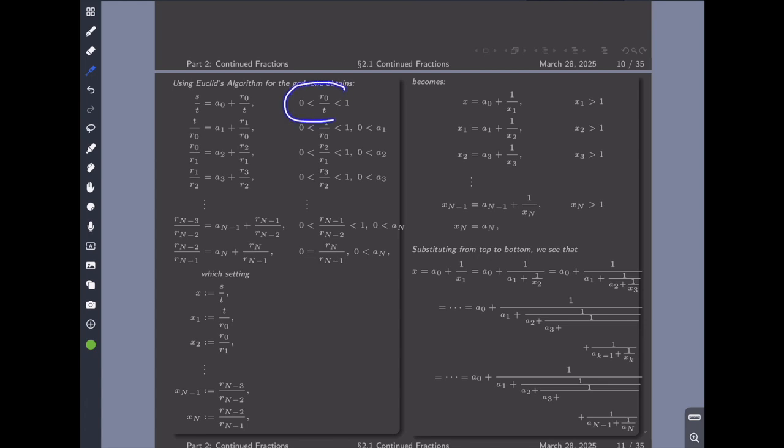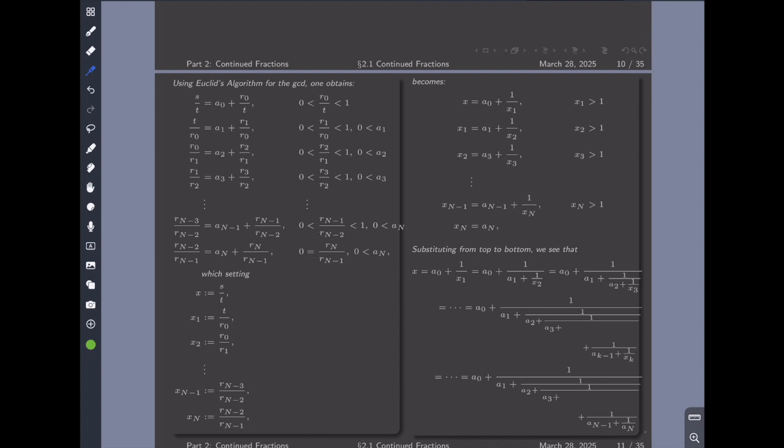So you always have these inequalities of positive and smaller than 1, positive and smaller than 1, because that's the way you are dividing in each step. That sounds silly, but you divide by the thing you are dividing by.